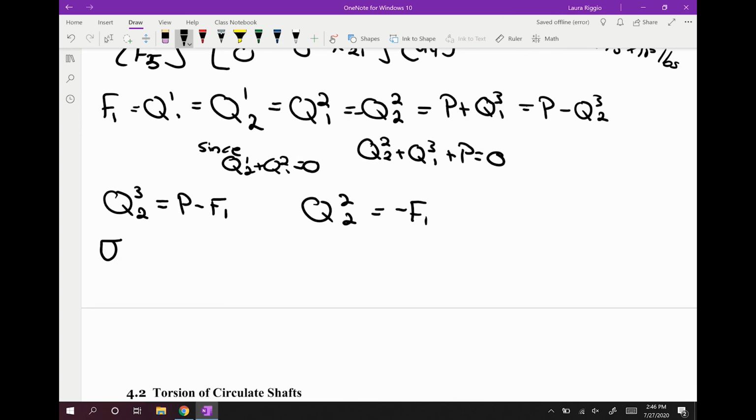So we get our stress in our aluminum, which is element 1, is Q22 over A2, which is minus 1.2504 times 10 to the 5 over 4.9087.